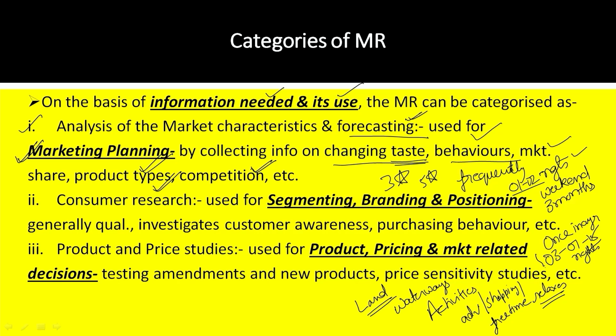and based on this forecasting prepare a marketing plan. Now the second type of consumer research is generally qualitative in nature. Qual means qualitative, and it investigates customer awareness. Okay, how much does the customer know about you? How does the customer come to know about you? Is it just about the name of the product, or the destination, or the guest who is going to be on that tour, or is their awareness really high?